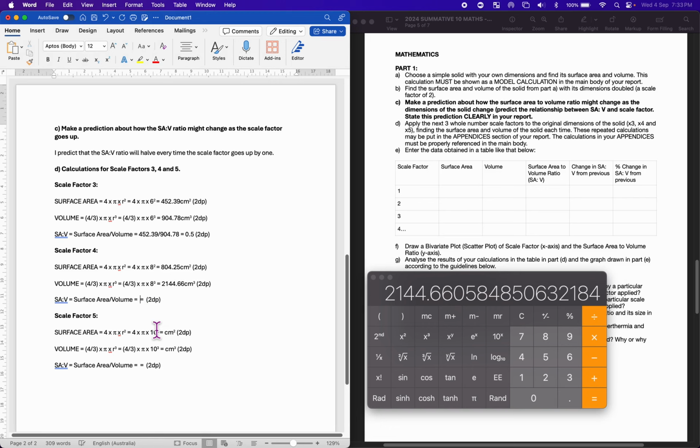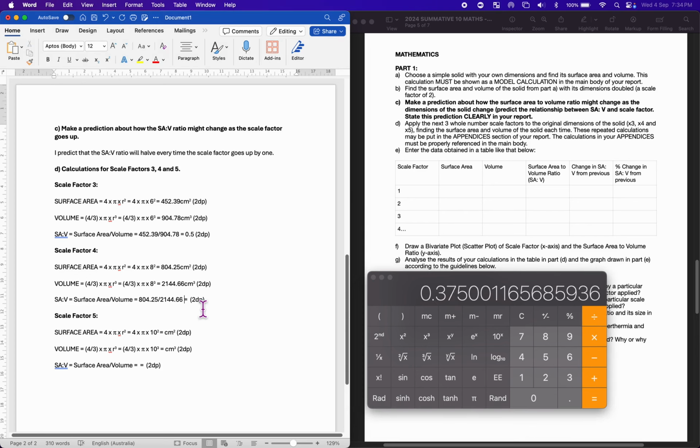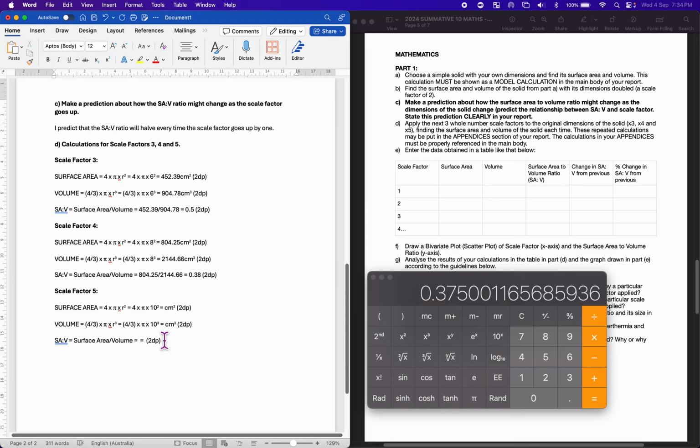Surface area to volume ratio: 804.25 divided by 2144.66 is 0.38 to 2 decimal points.